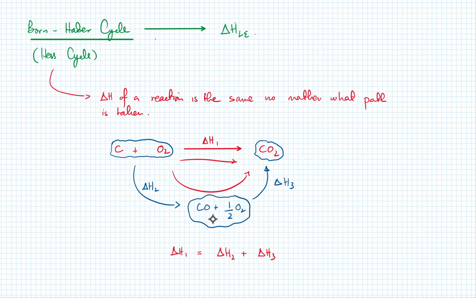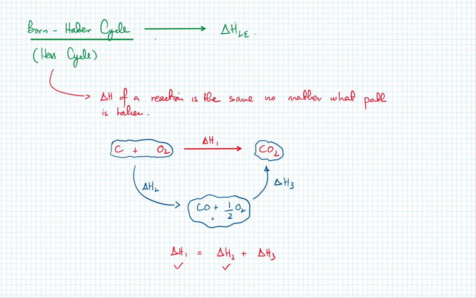So all three reactions are interlinked. If you know two reactions and you don't know the third enthalpy change, then you can find it. Once a Hess cycle is drawn, you can choose any starting point and any end point.